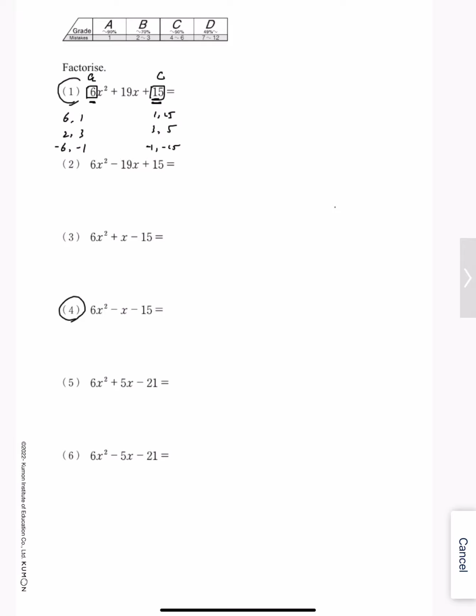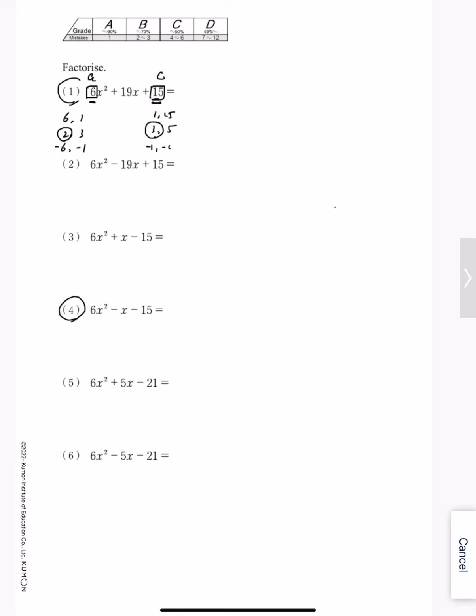What I'm trying to find is these factors, when they multiply together. When I say multiply, we're using one of the factors of A multiplied by one of the factors of C. It could be 3 times 3, it could be 2 times 5. That's the combination we're trying to move forward with.